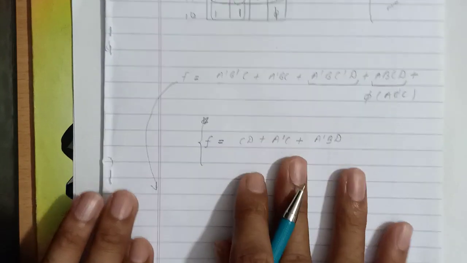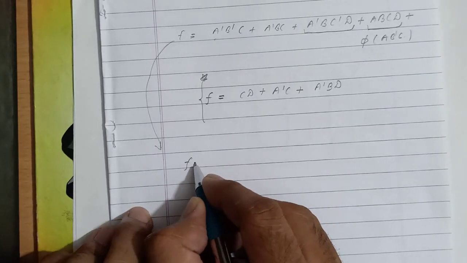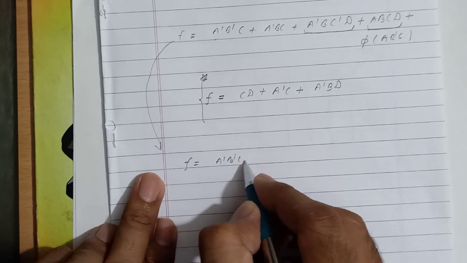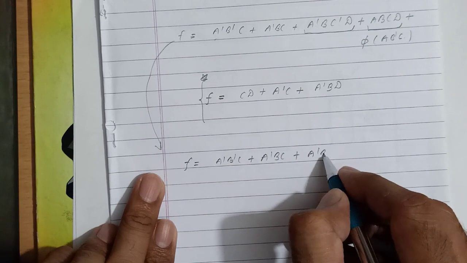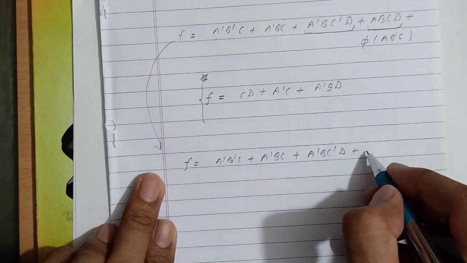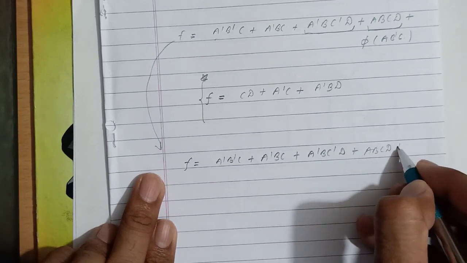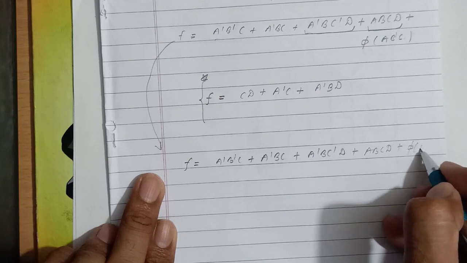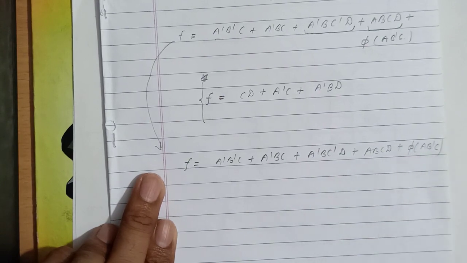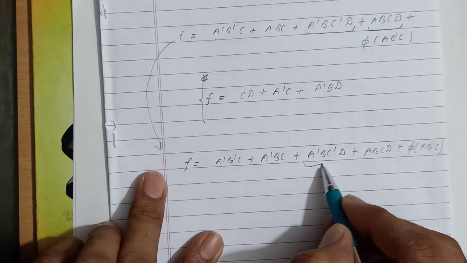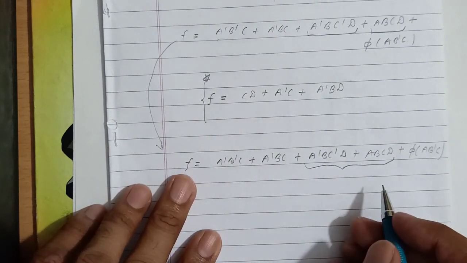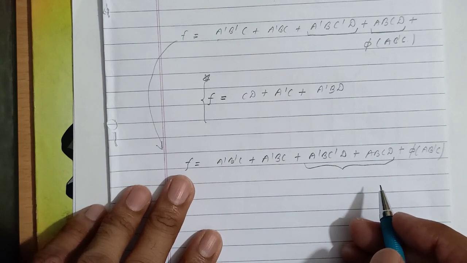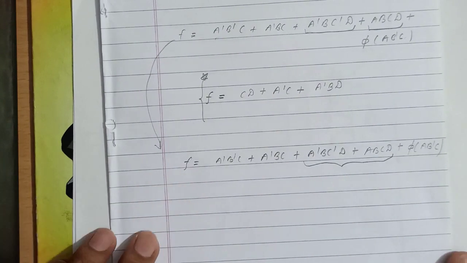So I am writing the function again: f = A'B'C + A'BC + A'BC'D + ABCD + the don't care AB'C. Suppose these two terms contain only D, so we can apply the MEV method here.